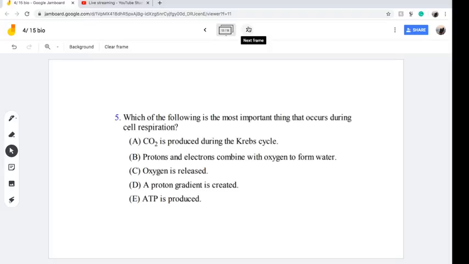So this question asks, which of the following is the most important thing that occurs during cell respiration? I'll give you guys a couple of seconds to look at the question, and we'll see.